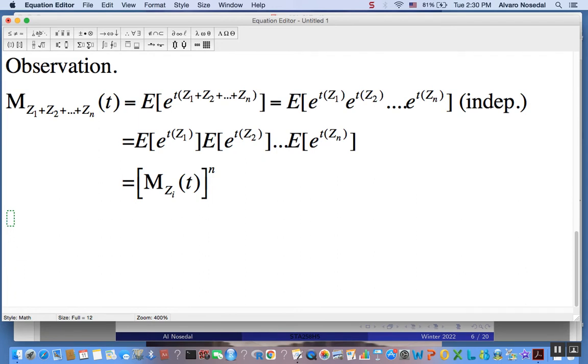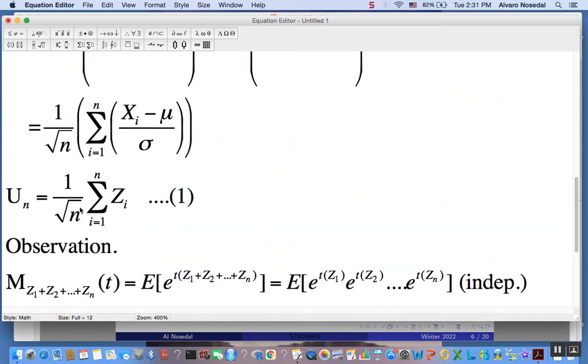We want the MGF of un, evaluated at t, but that happens to be the MGF of that guy, the sum of the zi's, multiplied by 1 over the square root of n.